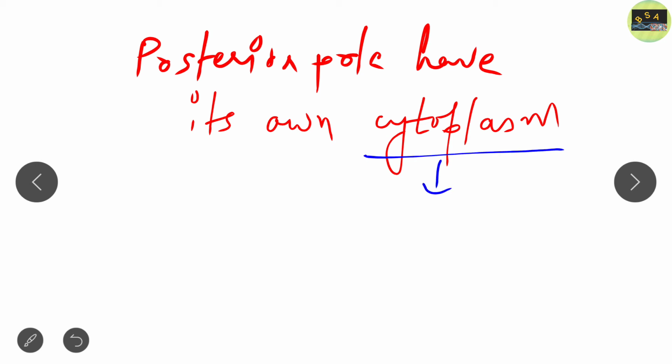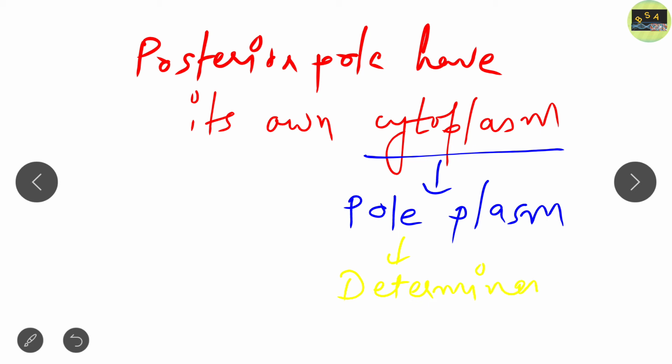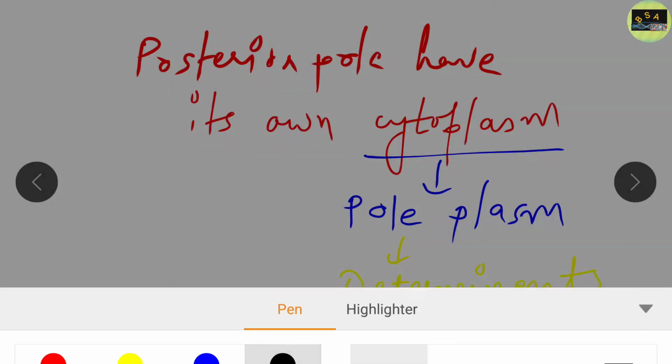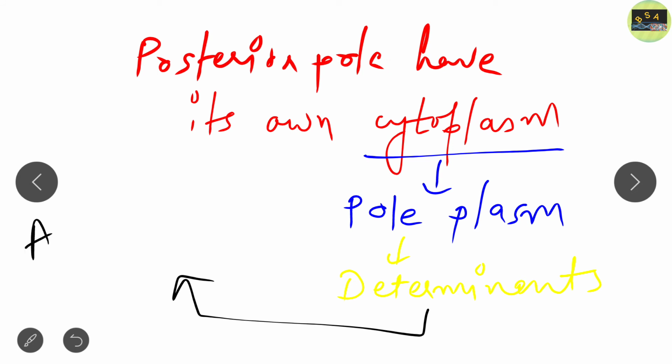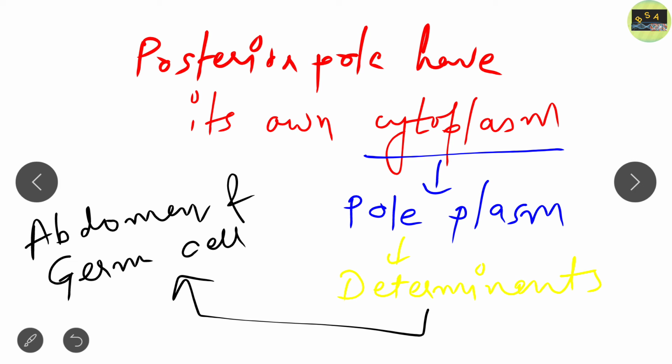This pole plasm contains the determinants for producing the abdomen and germ cells. Clear? I hope that till now you have a clear idea.